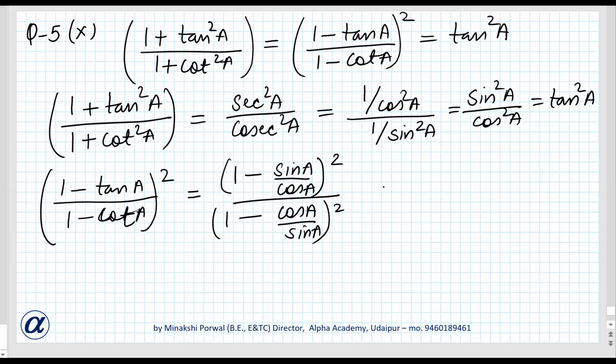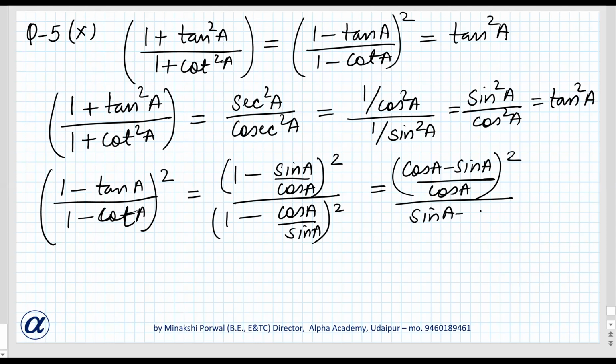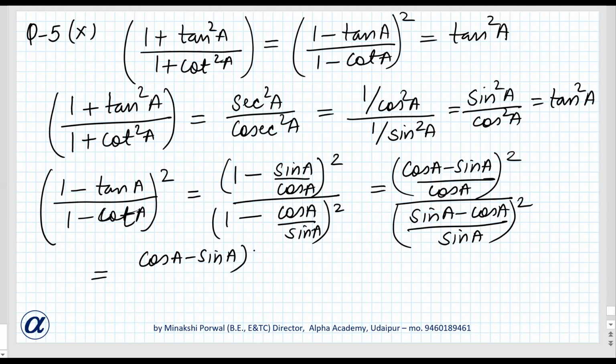This can be written as cos a minus sin a upon cos a, the whole square, and sin a minus cos a upon sin a, the whole square. Now this can further be written as cos a minus sin a, the whole square, upon cos square a.